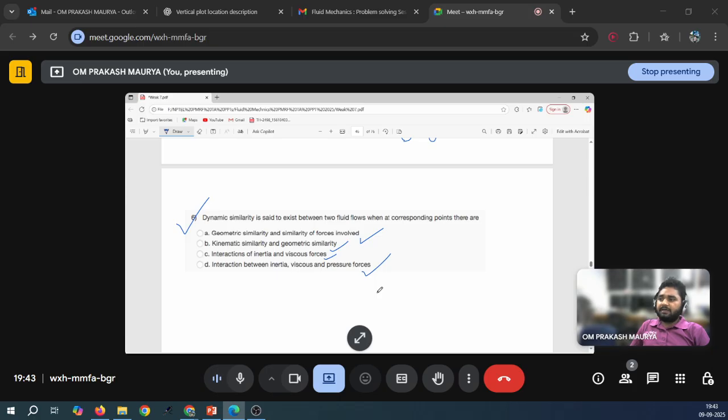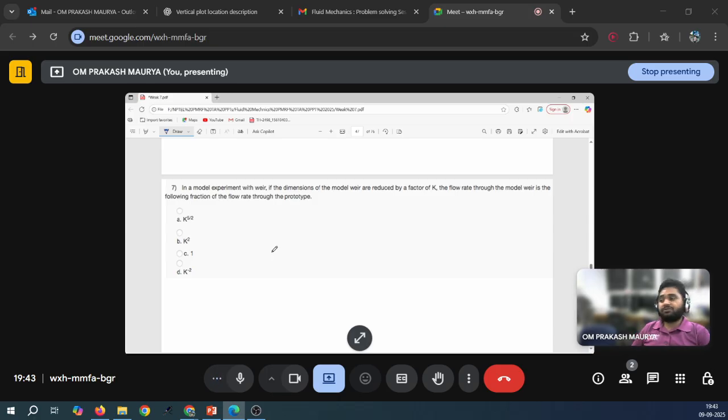So the question is asking about dynamic similarity. Because, as I have already told in the theoretical discussion, dynamic similarity is linked with force. So remember please, option A will be correct here.